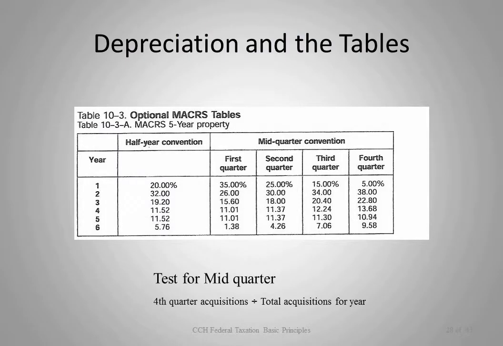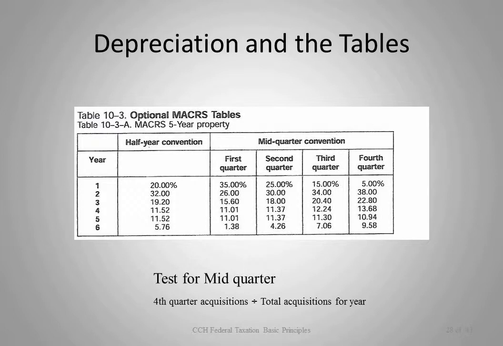This is an excerpt from our tax tables, just the 5-year property. Note that the years go down. It takes 6 years to recover your 5-year property because you only get a half or mid-quarter in the first year. So 5-year property takes 6 years to recover. The big fat column is half-year convention, right?